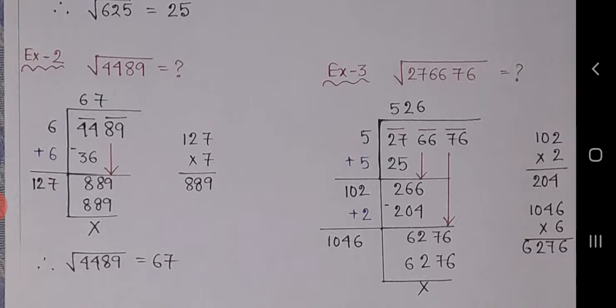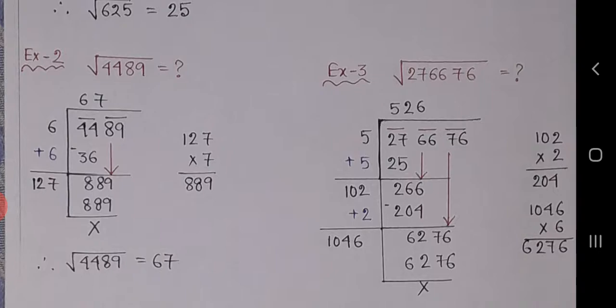Next we bring down the second pair 89, you all see, and next the number in the box, and the magical number is 7, you all can see. So root over 4489 is equal to 67.